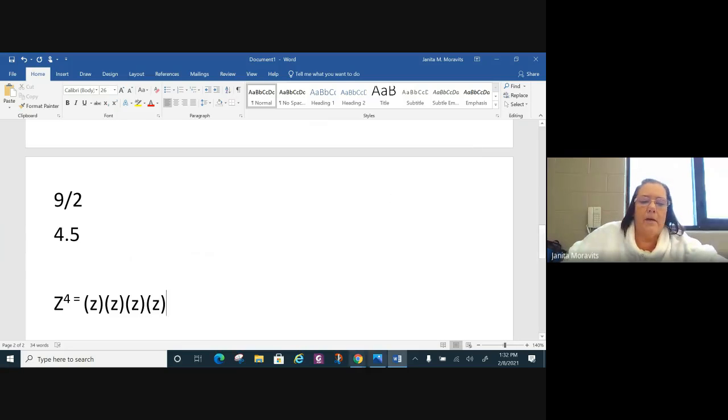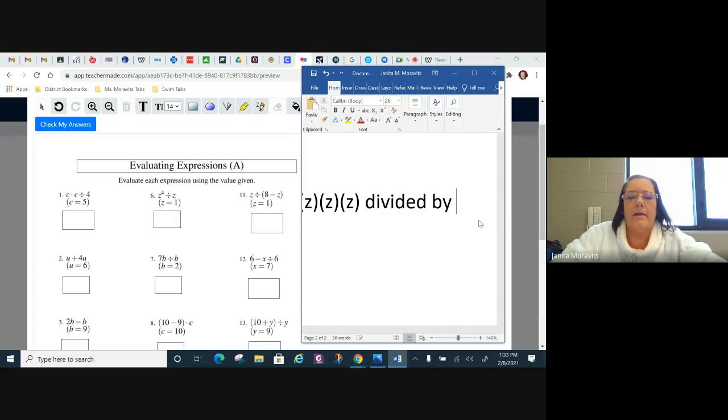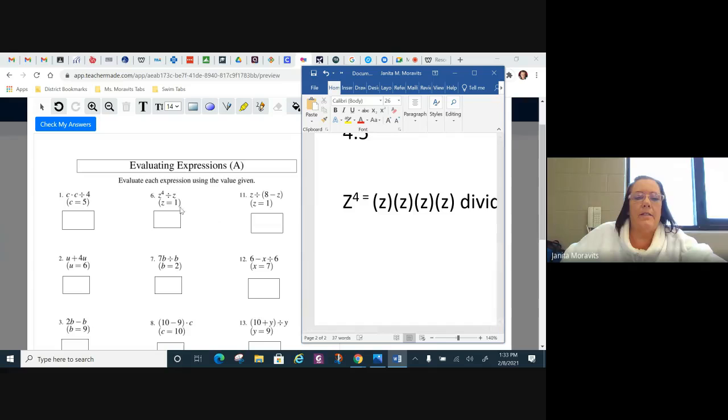And then let's look at it and see what the rest of the problem was. Z to the 4th divided by z. So all of that, and then you're going to divide it by z. Well, let's take a look at it, and it says z is 1.